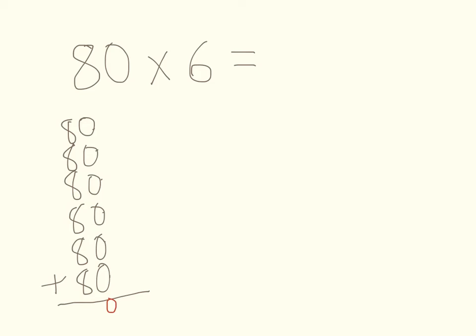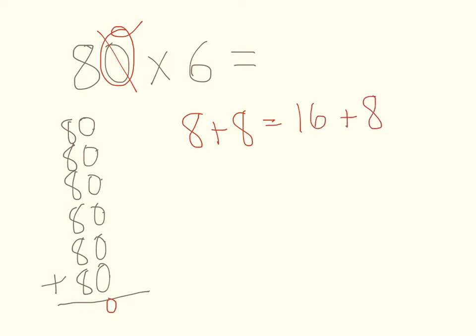So 8 plus 8 plus 8 plus 8. But if we take this little trick, if you get rid of the 0 at first, now we're just worrying about the 8s. And I know 8 plus 8 is 16, plus another 8 equals 24, plus another 8 equals 32.